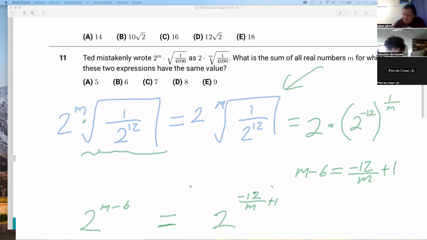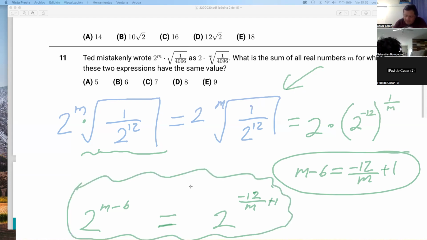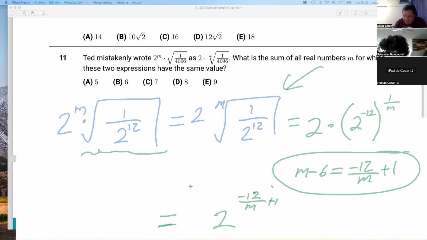Do you agree with this? Okay, can I erase this?